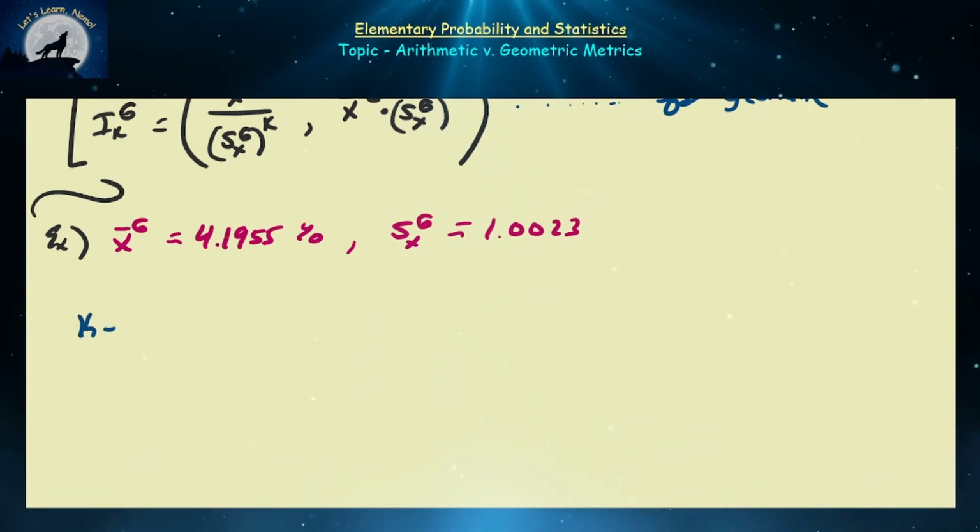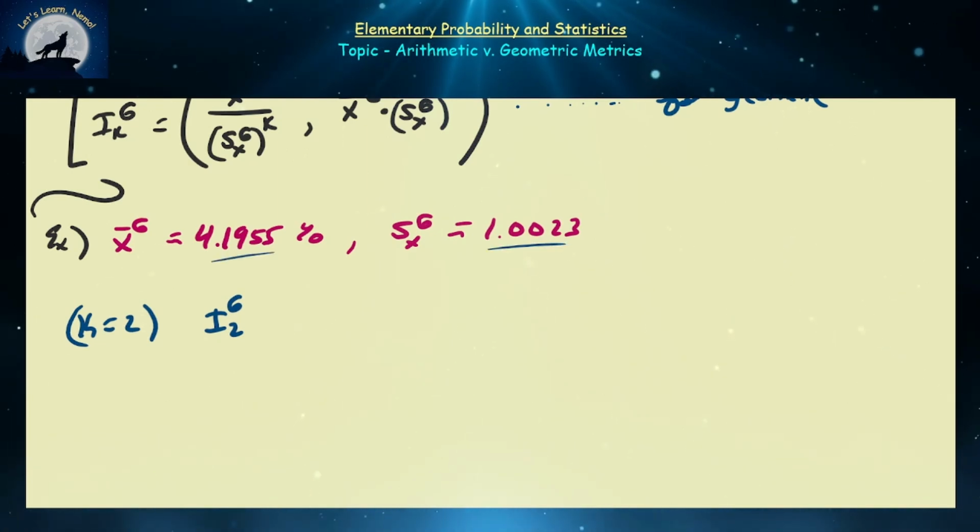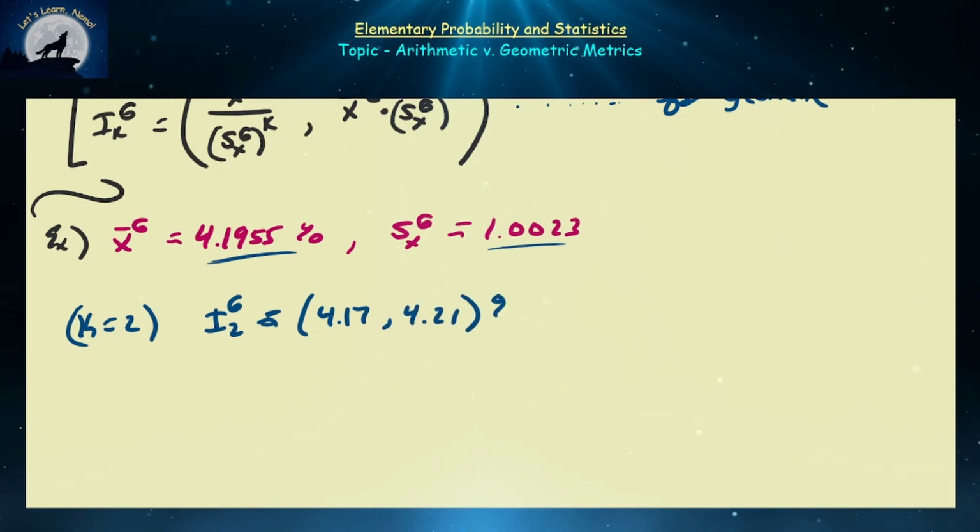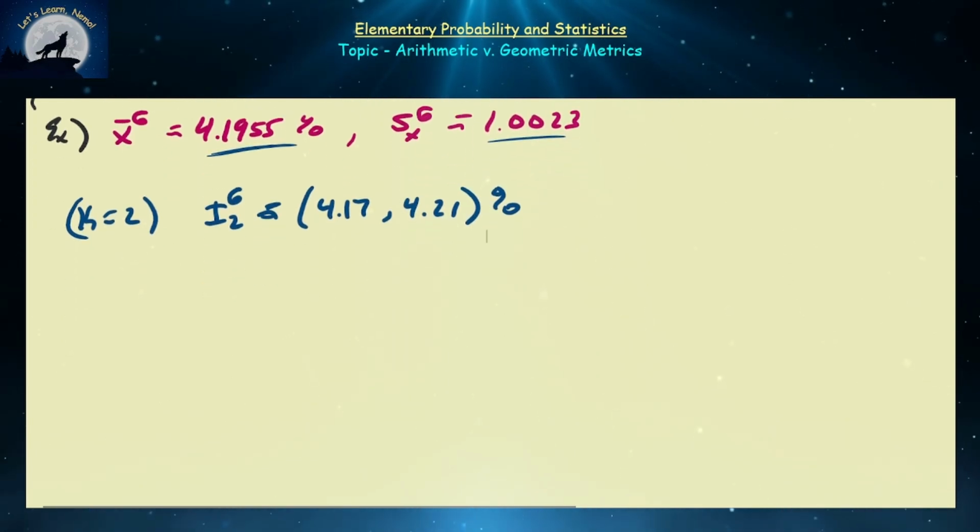So if I do, for example, k equal to 2, and I calculate a geometric interval, that's going to be equal to the geometric mean divided by the geometric standard deviation squared, and then the geometric mean times the geometric standard deviation squared. And that's going to give you approximately 4.17 to 4.21%. So that's two geometric standard deviations from the geometric mean.